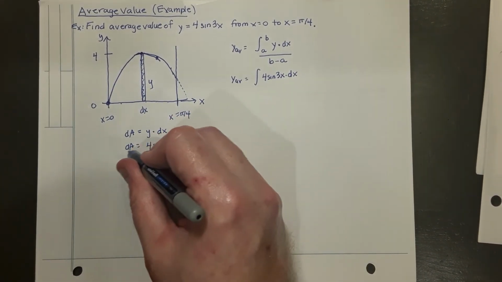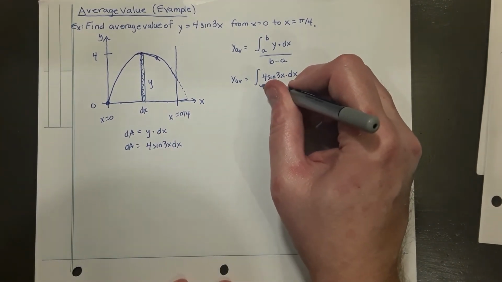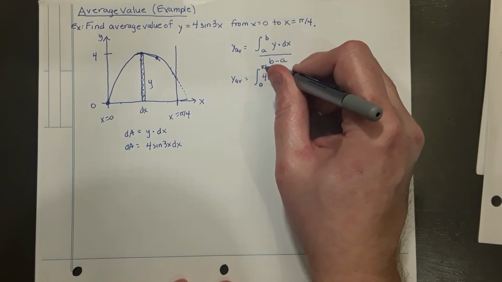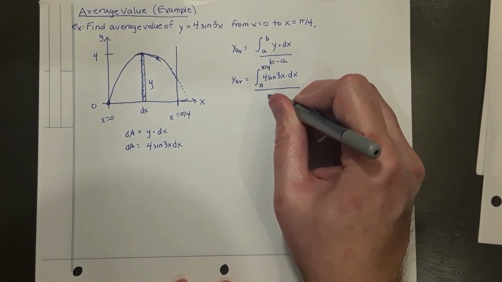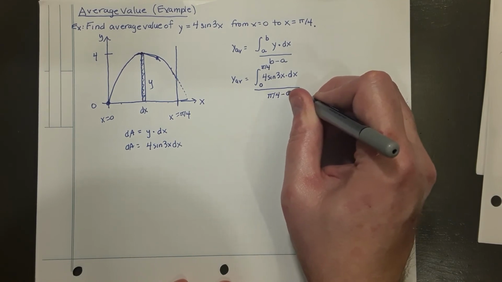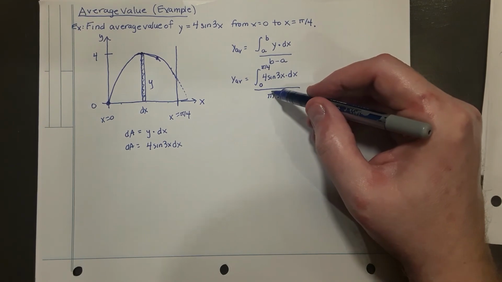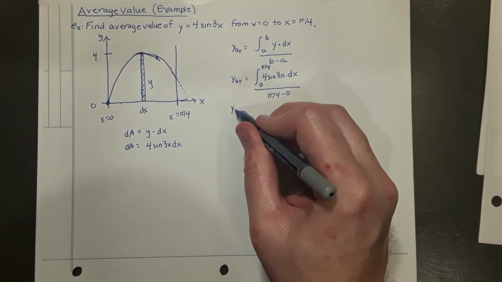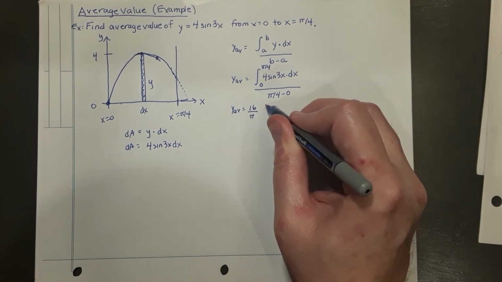When I integrate that, I'm going to get total area. And the integral will be from a minimum of x equals 0 to a maximum of x equals pi by 4. And it's going to be divided by pi by 4 minus 0. 4 divided by pi over 4, I can take those constants outside the integral and get 16 over pi.